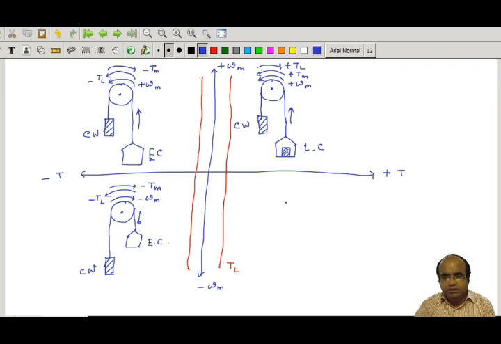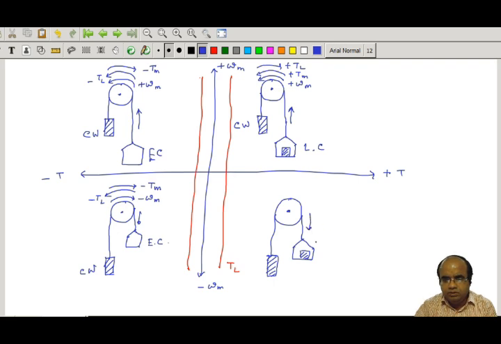Now in the fourth quadrant, when the motor is lowering the loaded cage, then obviously the loaded cage is heavier than the counterweight, and for this the load is basically driving the motor. Okay.